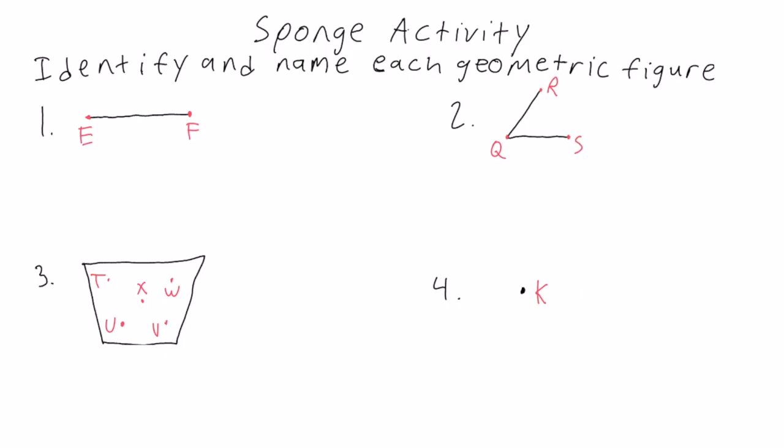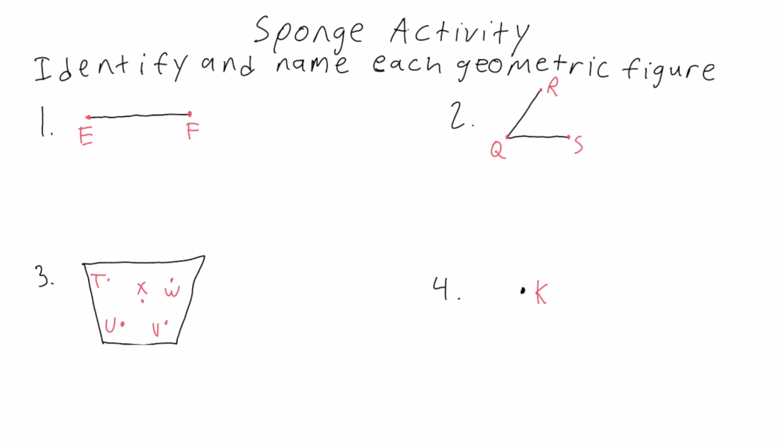Alright, so that's it for the notes. Now we have the sponge activity. For these 4 problems, you're going to attempt them all, and if you attempt them, you get full credit on the homework, and if you get all of them right, you get a bonus point on the next test.